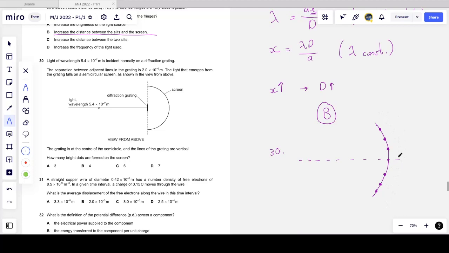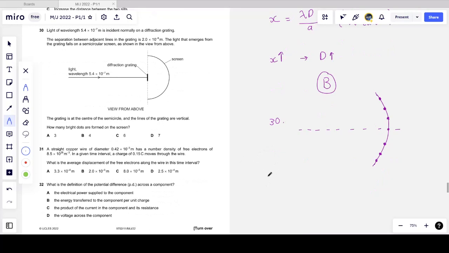And we want to know how many bright spots are possible. So basically, how do we find this number? We need to find n, the number of spots that are going to be visible as long as the diffraction can occur. And so we need to find n, the order of the diffraction when theta is equal to 90 degrees.